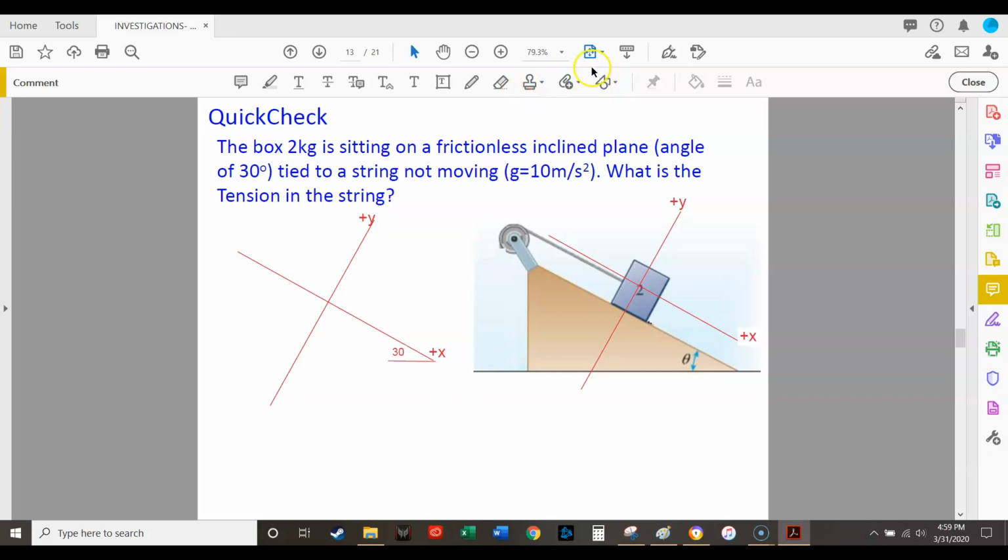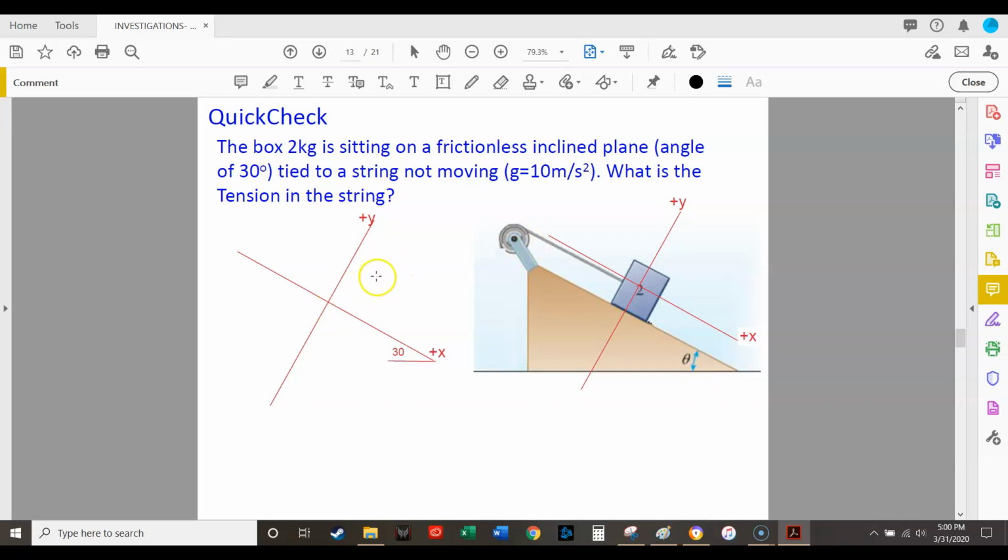Now let's begin drawing our force diagram. Just like we always do, we're going to identify all the forces acting on our object. This block is sitting on an inclined plane. It's going to have a weight vector straight down. The inclined plane is going to be pushing it perpendicular to the surface in the positive y direction. And the rope is going to be pulling it up the plane in the negative x direction.